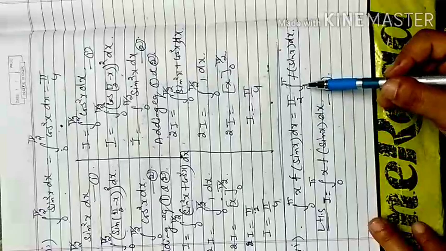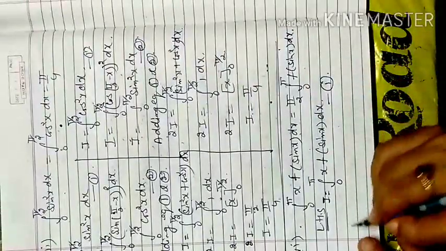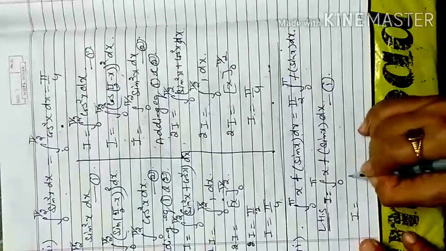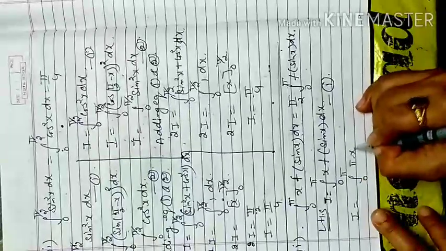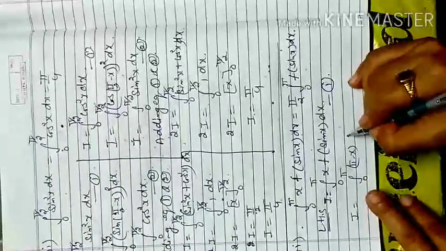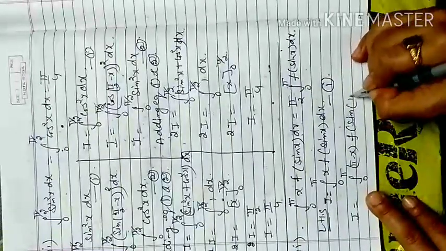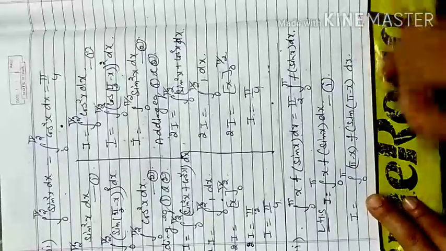The left side should be equal to the right hand side, that I want to check. So I just apply the property here. So I is equal to, before applying the property you mark this as equation 1. In place of x I write pi minus x, f(sin(pi minus x)), dx.